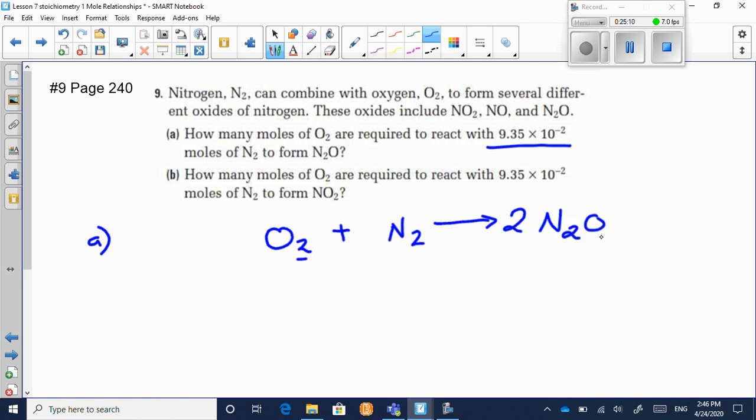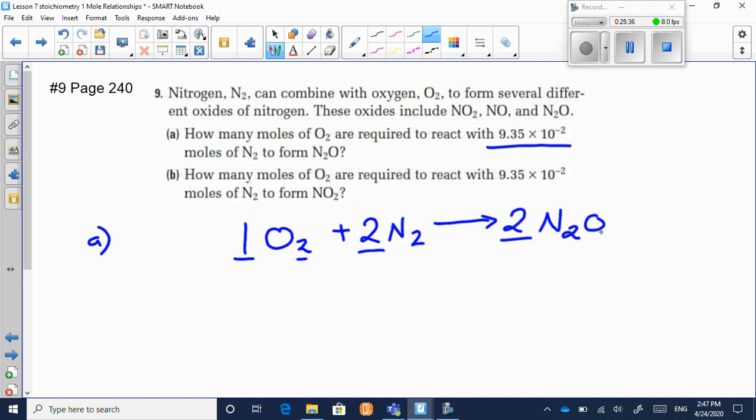So I put a 2 there to get the 2 oxygens. But then I noticed that I'd need a 2 here. They're often pretty easy like this to balance, so I didn't do the whole listing of them.